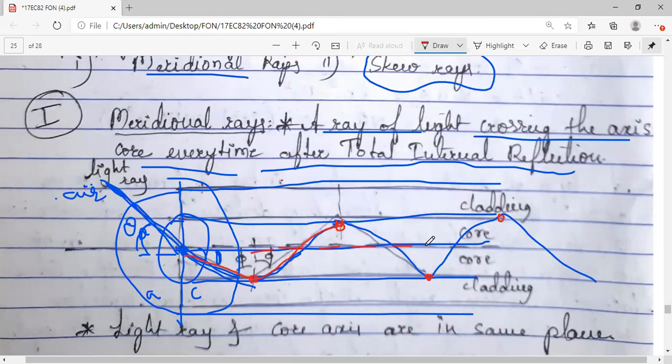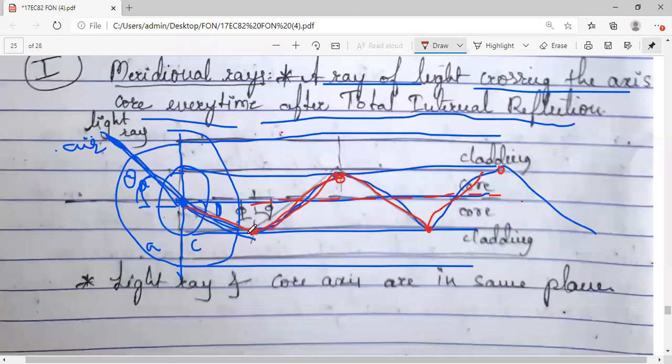This is your axis, the core center. Every time it goes through total internal reflection, it crosses the axis. That's what meridional rays are.